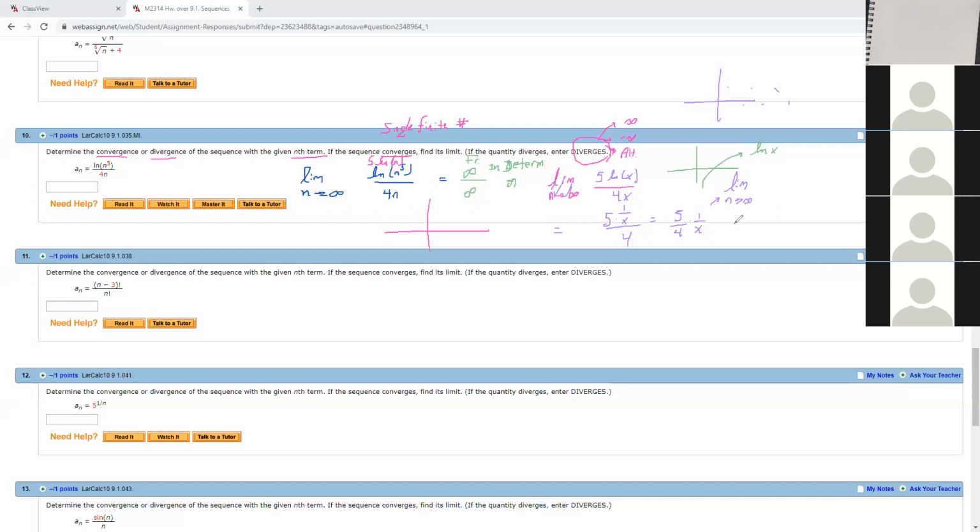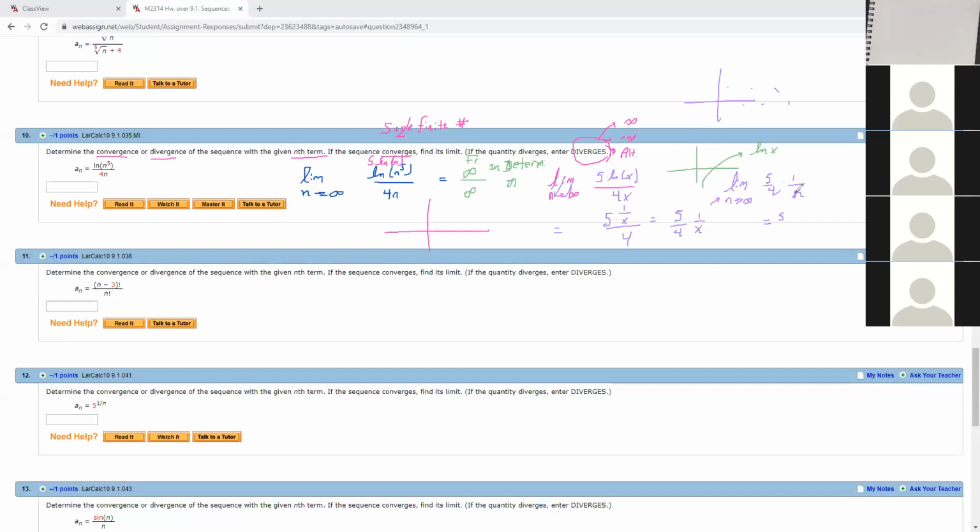There's also a theorem that says you could take the limit with the x's, and whatever you get, it's the same thing with the n's. So either way. Oops, that's supposed to be an n. And now, Denise, 1 over a larger and larger number gets closer and closer to what? Infinity.